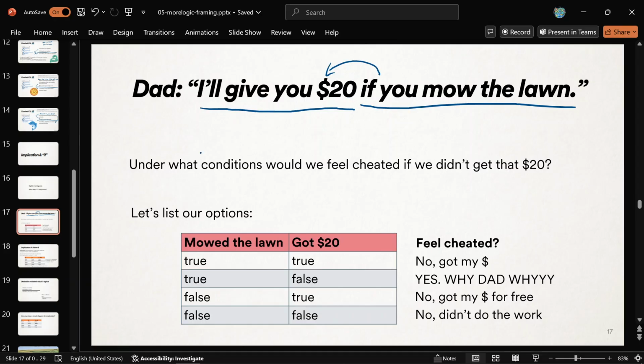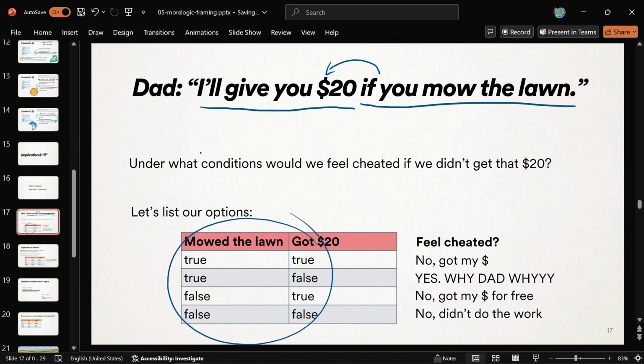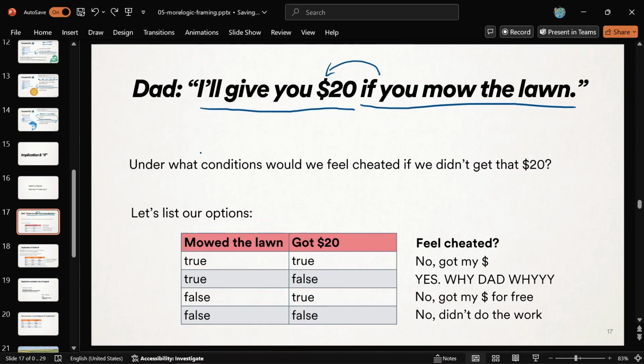So we want to try all the possibilities of mowing the lawn and getting $20 and see when this arrow is a true statement, right? And I kind of want you to think about it backwards. It's easier that way. I want you to think of it being a false statement when Dad lied and you were lied to. Dad cheated, so you were lied to. That will help.